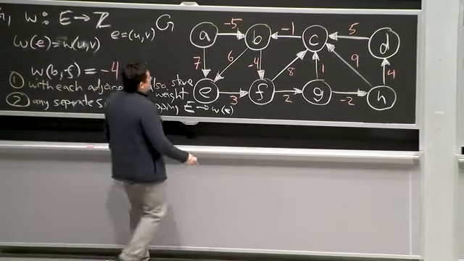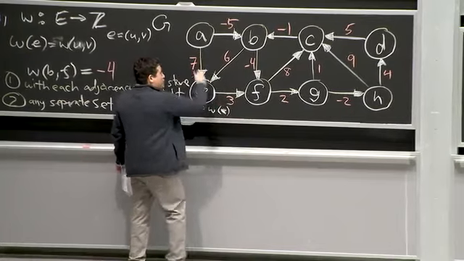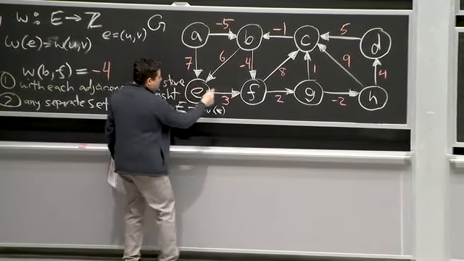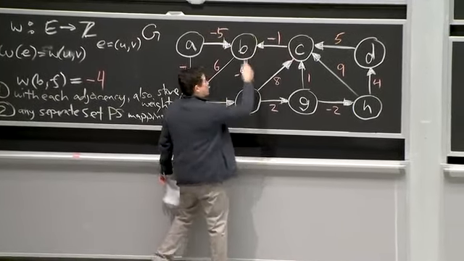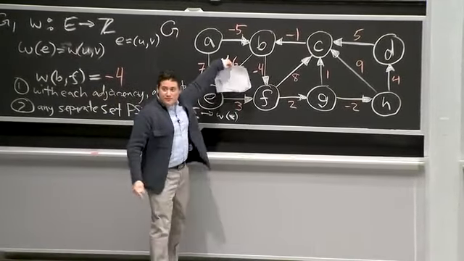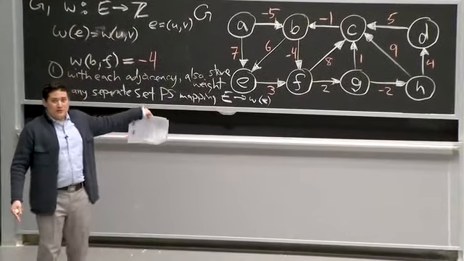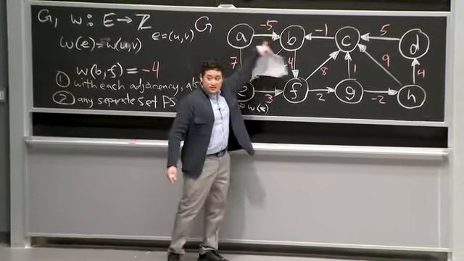It seems that if I go around this graph another way, it might be bigger, right? So I go 7 plus 3 plus 8, that's 15, minus 1, that's 14. That's much bigger than my -5. So it seems like -5 should be good, right? Anyone have a problem with this path, or with this being the shortest path?